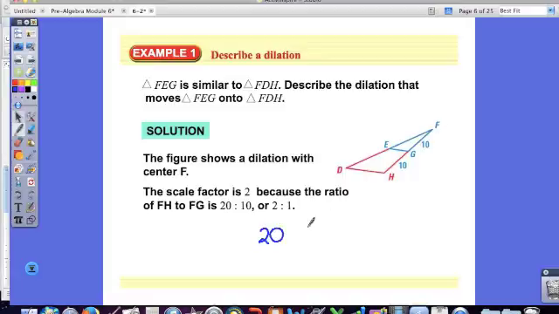The smaller FG is 10. So the ratio is 2:1. You're talking about moving FEG onto FDH, so you're talking about making everything 2 times larger.